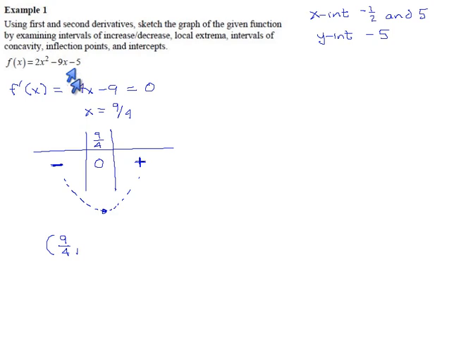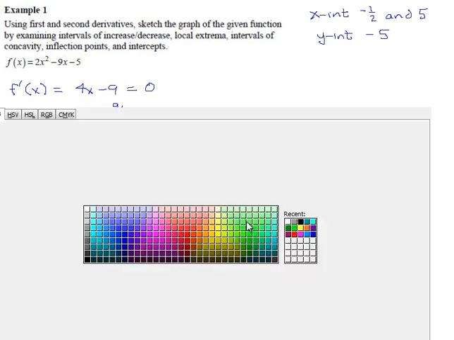Now, that involves some squaring of fractions and some common denominator stuff, and to keep this from going over 10 minutes, I'm going to just claim that the result is minus 121/8. So that is a local minimum. For a parabola, we also use the word vertex, and if you wanted to call it that, that would also be true.